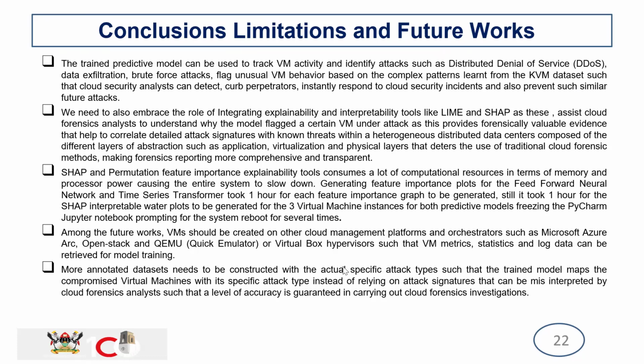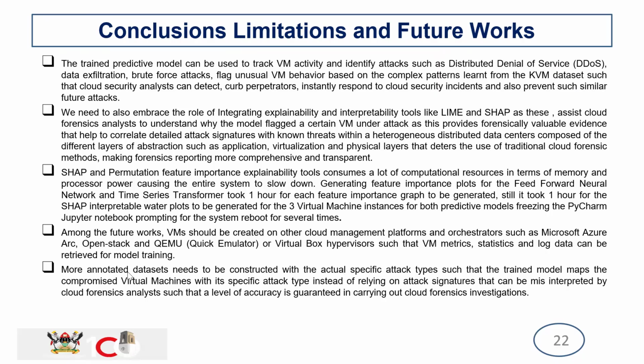Then, more hypervisors should be used apart from KVM, and datasets should be created using other cloud management platforms like Microsoft Azure Arc or OpenStack, using different hypervisors. For example, data can be created using QEMU, Quick Emulator, or VirtualBox.